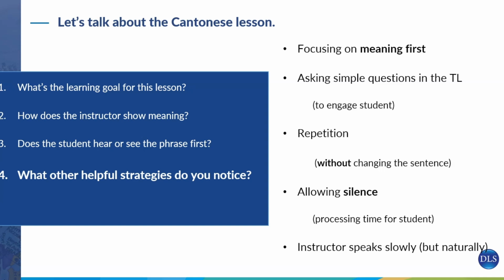So the student was communicating even though it was not perfect all the time. Then these questions were very simple. Do you like this hobby? Do you like that hobby? And this engages the student. It also creates repetition. It doesn't change the sentence structure, but just changes some vocabulary words.